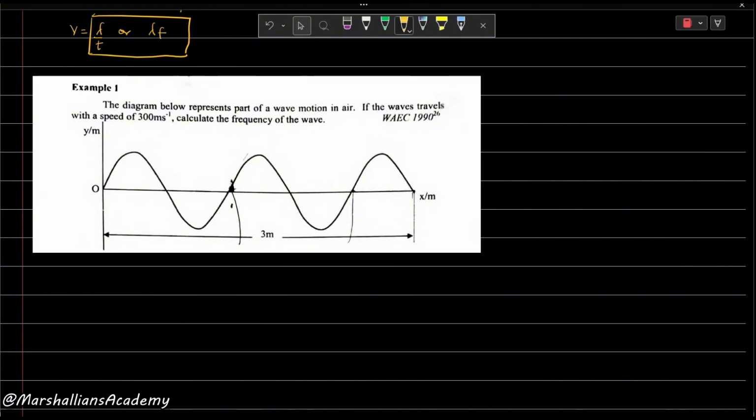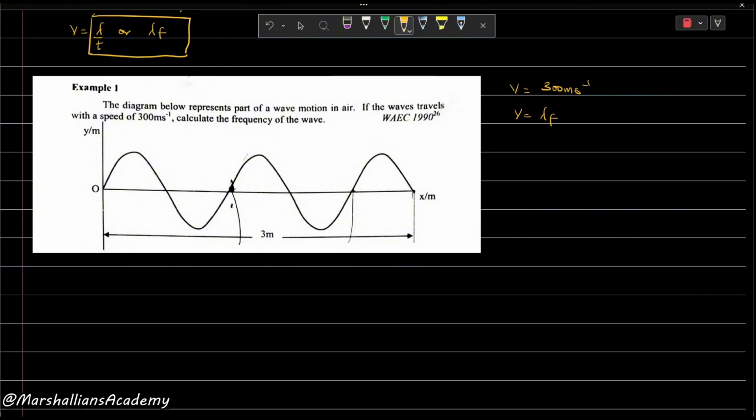Yeah, what was given to us? We are given the velocity of the wave to be 300 meters per second. Now, if we are told to find the frequency, there's a relationship between frequency and velocity. Remember, I said V is equals to lambda F. Are we together?